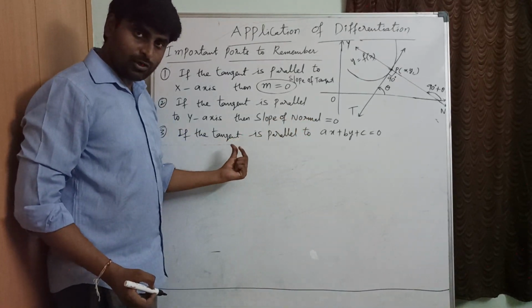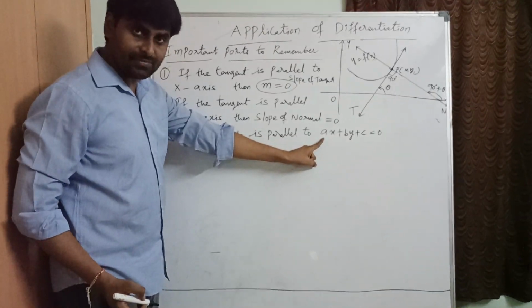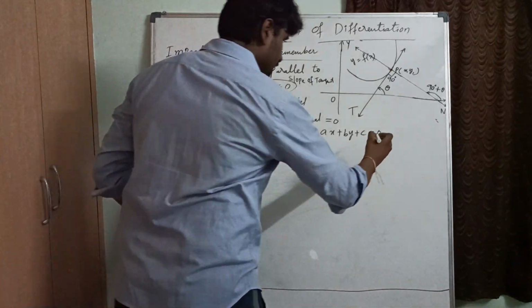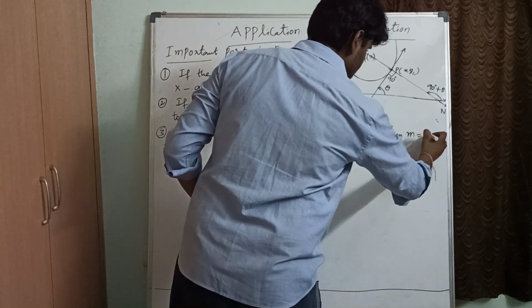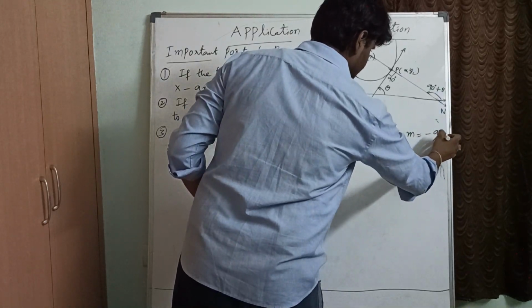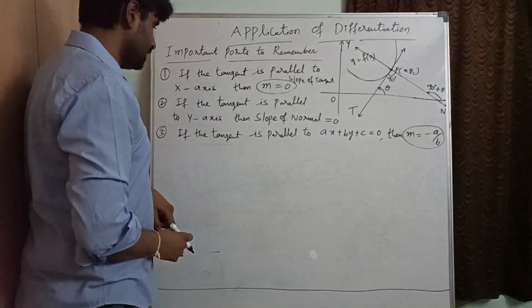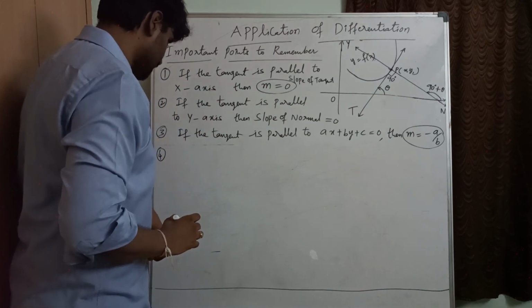The slope of the tangent will be equal to the slope of this line. What is the slope of this line? Minus a by b. Then the slope of the tangent is also minus a by b, correct? So m equals minus a by b. Clear? This is a very important point.